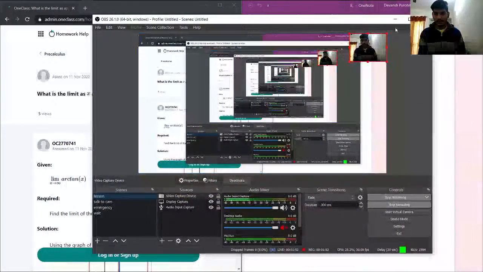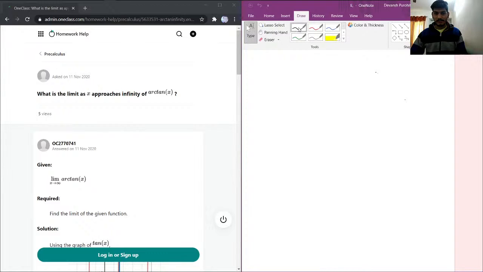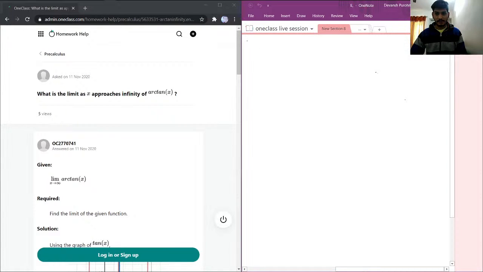So without wasting time, let us just move towards our question. First, we have question number one. It states: what is the limit as x approaches infinity of arctangent, or tangent inverse, of x?